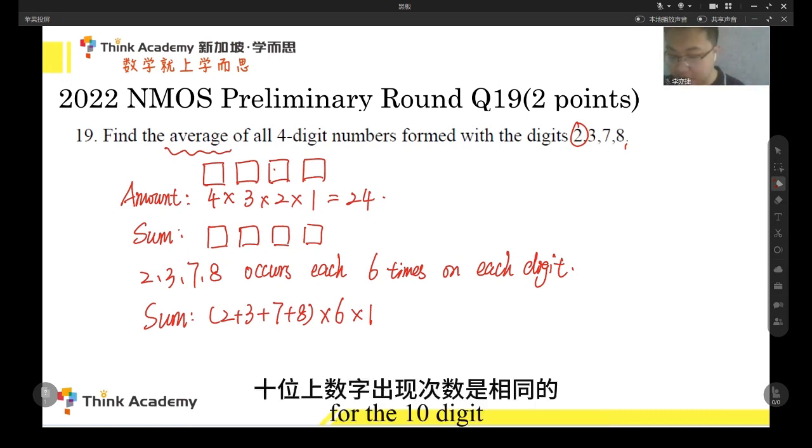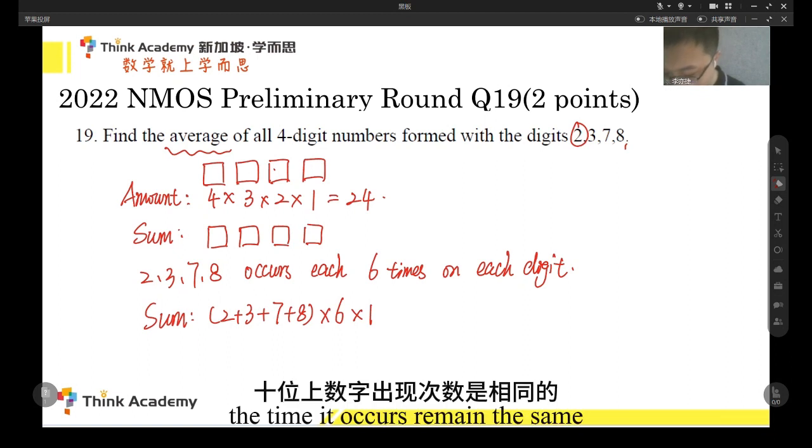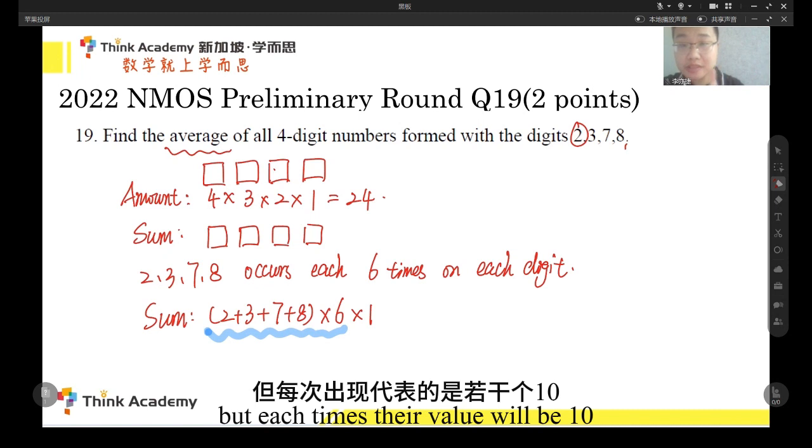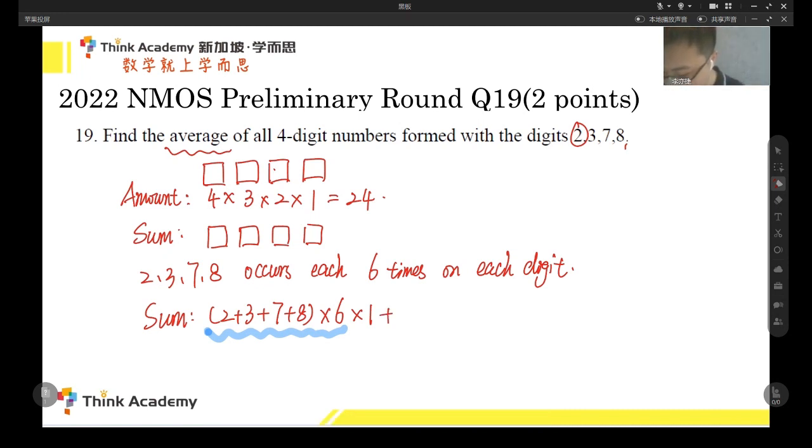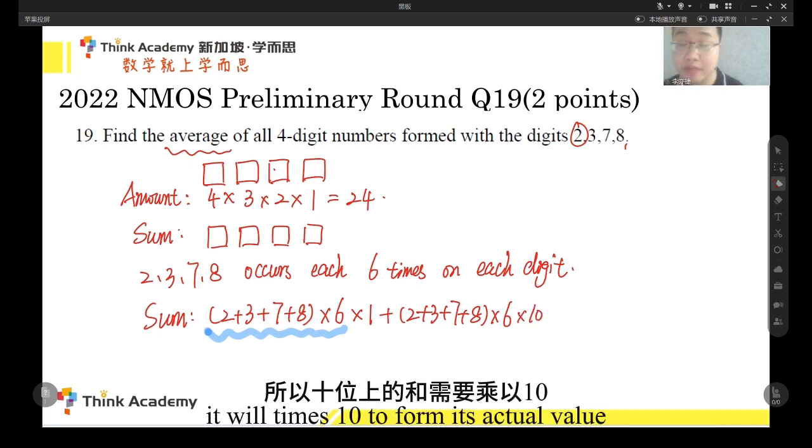For the tens digit, the number of times it occurs remains the same, but each time their value will be 10. So in the tens digit, it will be times 10 to form its actual value.